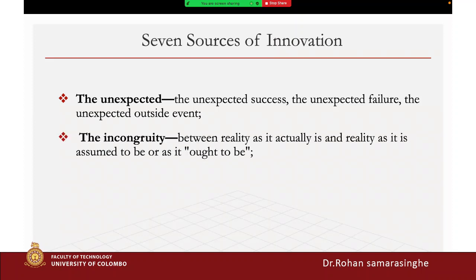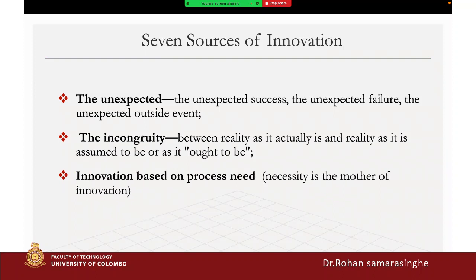And incongruity, that is between the reality and what it is assumed to be.